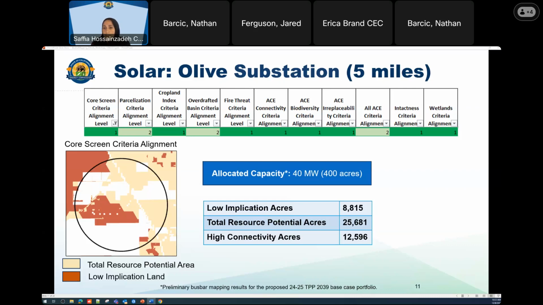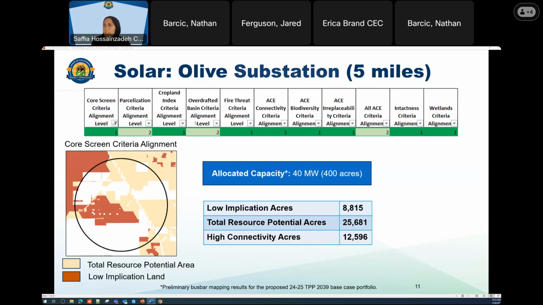Here the percentage of high connectivity acres is 49% of the total resource potential area. Because it's less than 50%, which is the limit for the criteria alignment level, and because the percentage that the allocated capacity would take up of the low connectivity acres is minimal, the criteria alignment level for this substation would be a 1.